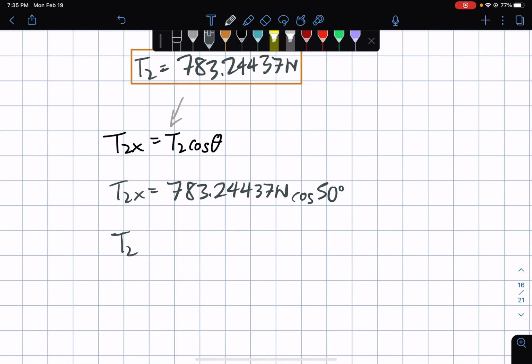Okay, so T2x is equal to 503.45978 newtons.